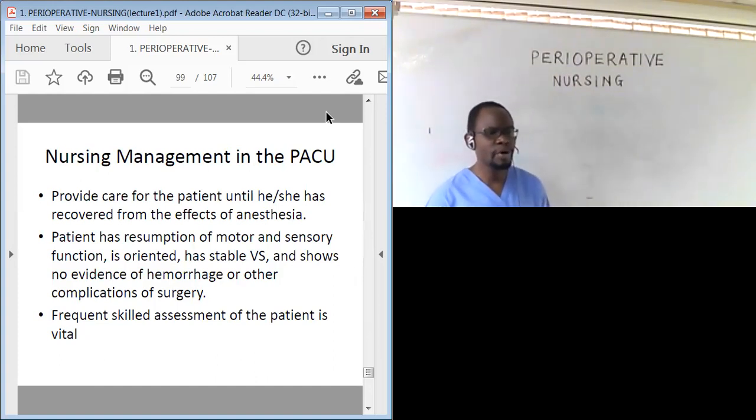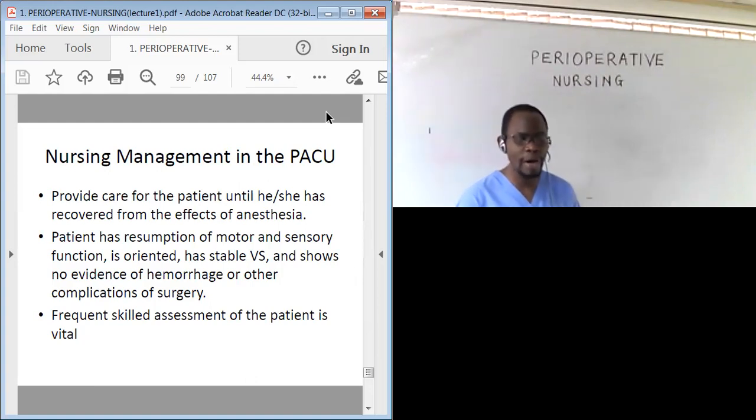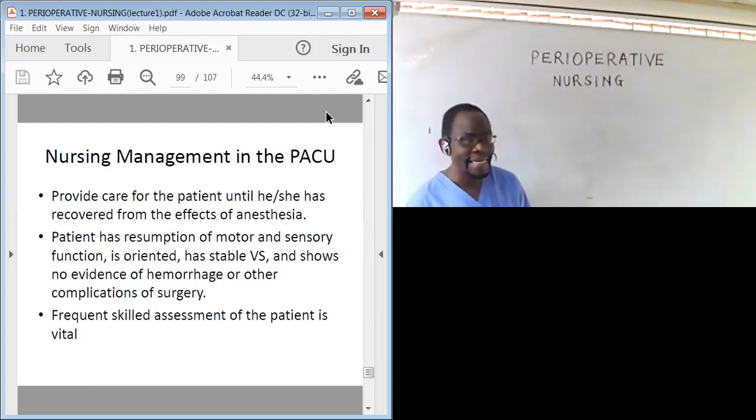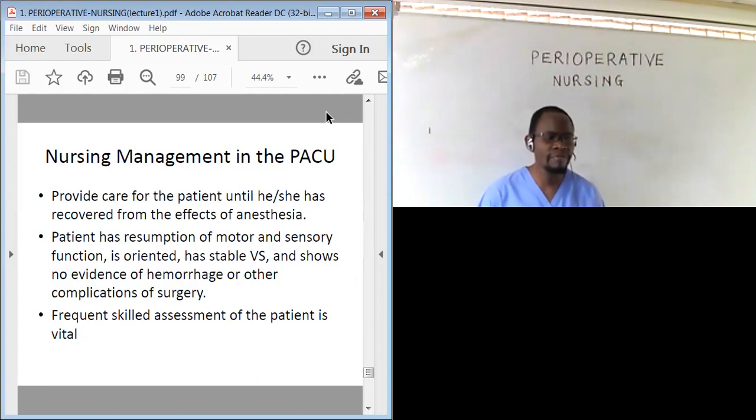It is also very important to monitor vitals and to see that the vitals are stable. Also, monitor any bleeding, so you need to make sure that the patient is not bleeding, and observe for any complications of surgery.